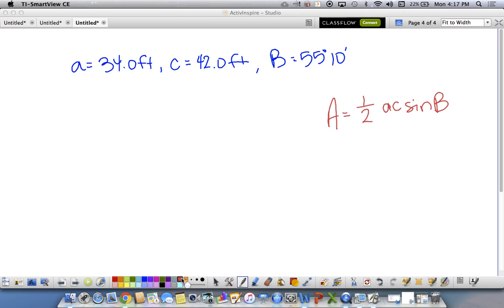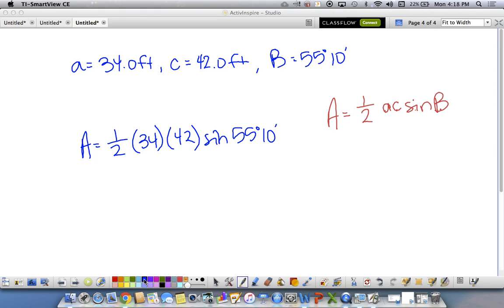So AC sine B. If I'd given you AB, it would be AB and sine C. The two sides you're given and the angle, and it's always still half. So here we go, the area equals 1/2 of 34 times 42 times sine of 55 degrees 10 minutes.